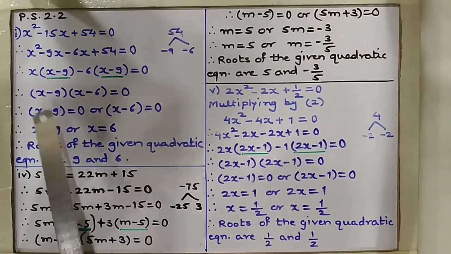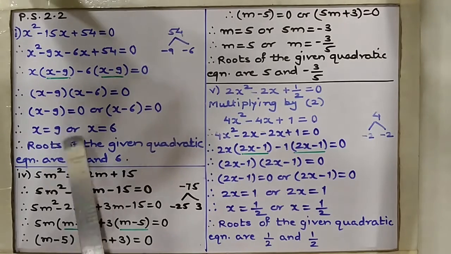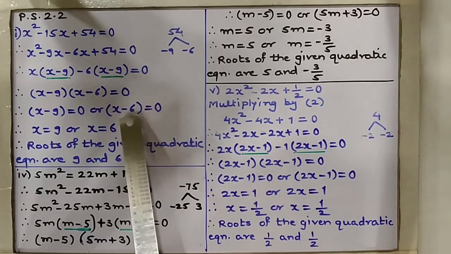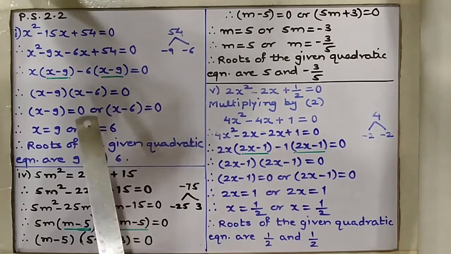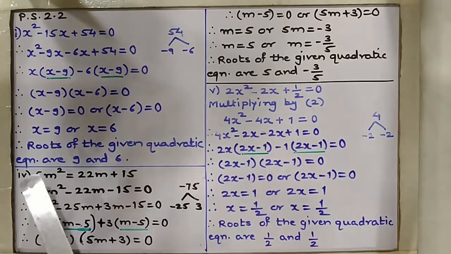Now we'll take minus 9 on the right hand side, so we get x is equal to 9, or from here we'll take minus 6 on the right hand side, so we get x is equal to 6. So roots of the given quadratic equation are 9 and 6. Remember that any quadratic equation has two solutions. We can also say that there are two roots of the equation.